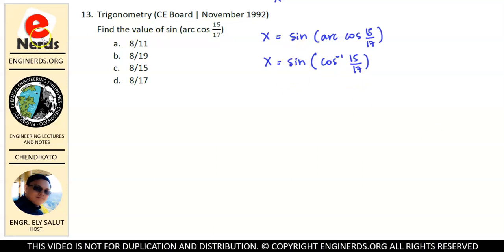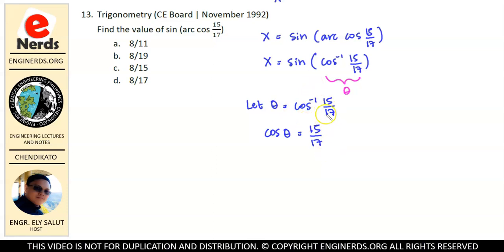So, we could let our angle theta be cosine to the negative 1 of 15 over 17. So, let theta is equal to cosine to the negative 1, 15 over 17. Okay? So, that means cosine theta is equal to 15 over 17, because this is just an inverse of cosine.